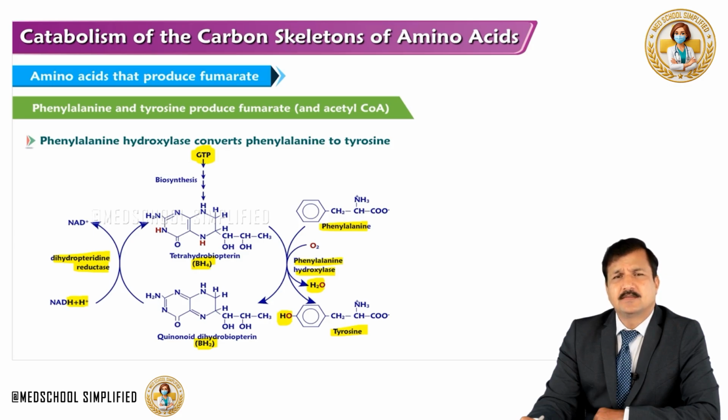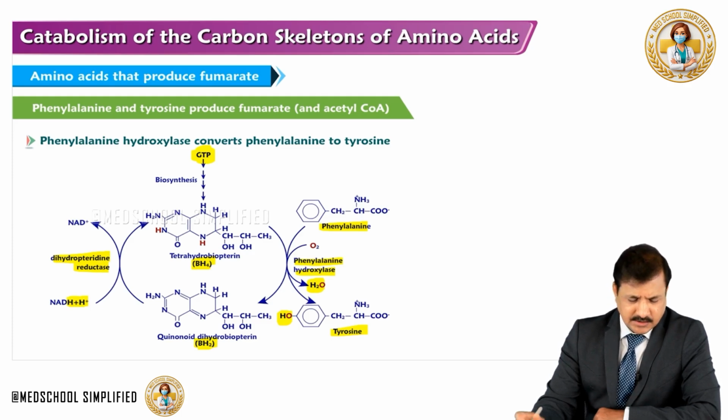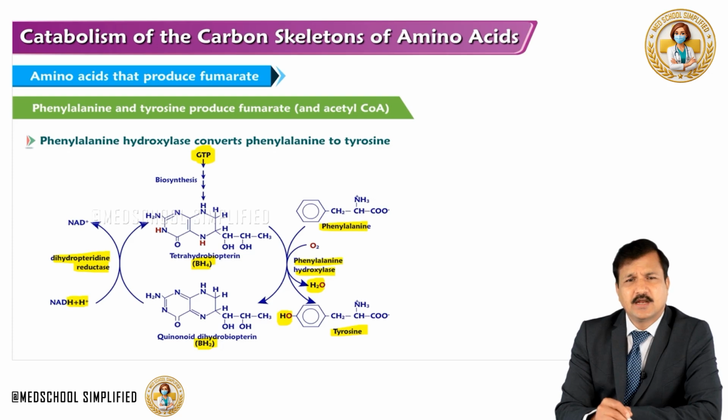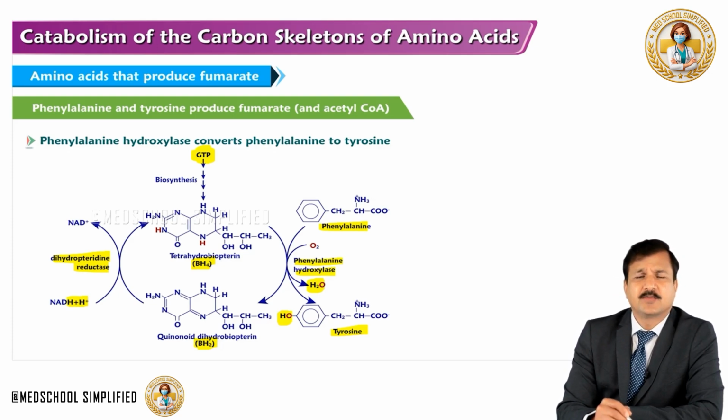That's how tetrahydrobiopterin is synthesized, and later it is recycled using the dihydropteridine reductase enzyme. So these are some of the reactions in the conversion of phenylalanine into tyrosine that you must remember.